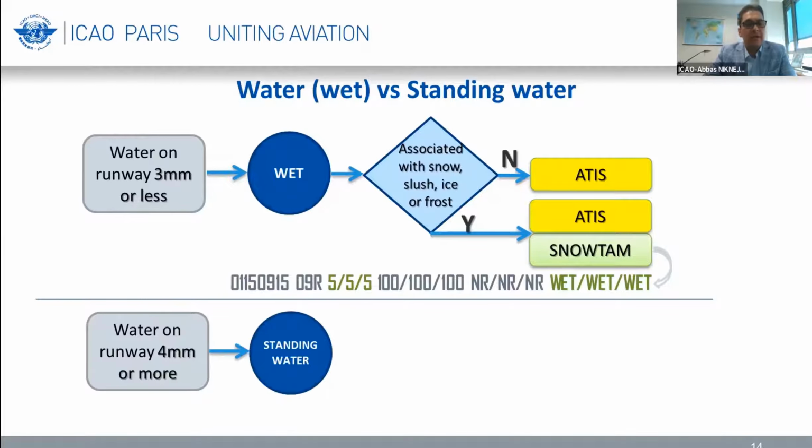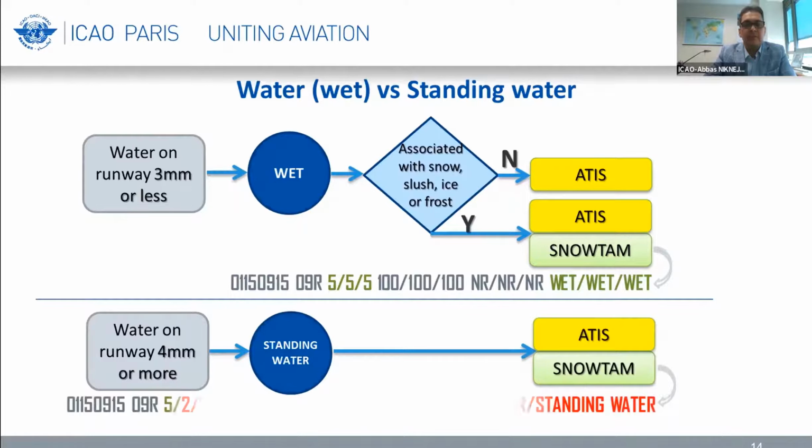On the other hand, if water on the runway is 4 millimeters or more, it's called standing water, and then a Snowtam must be issued. Also, ATIS is a complementary means of dissemination of information, as mentioned before. When the depth of water exceeds 3 millimeters, it has a lot of impact on the runway condition message.